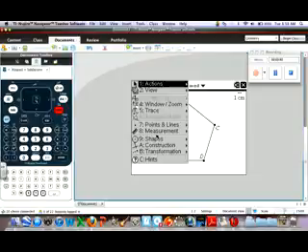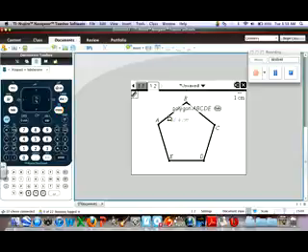One thing I want you to notice, I'm going to go ahead and measure some stuff. I'm going to measure the length of AB. I'm going to measure the length of BC. What do you notice every time I measure? It's the same length.